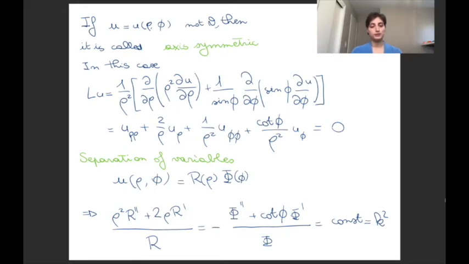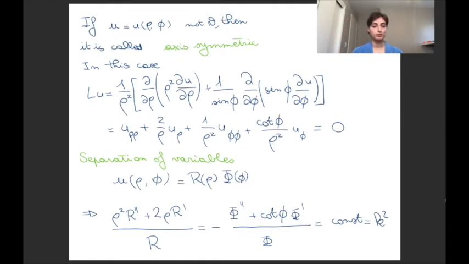If we apply this and we chunk it through our simplified L operator, we retrieve, and we do as before, we try to divide all the things that depend on rho and all the things that depend on psi. Then we go through the steps. We retrieve that rho squared times r second plus 2 rho r prime divided by r is equal to minus capital psi second plus cotangent of little psi times psi prime divided by psi.